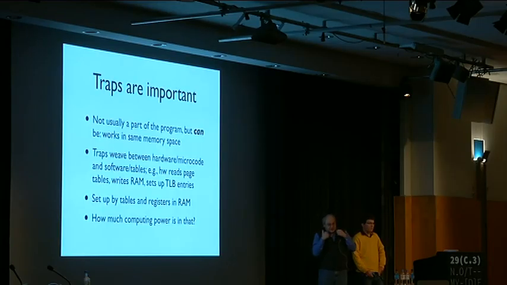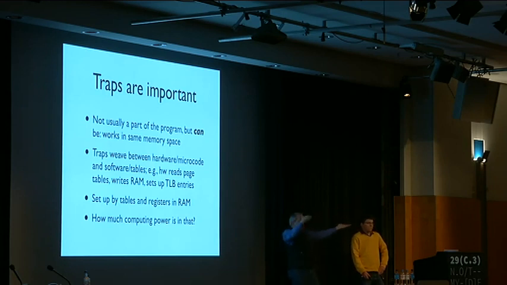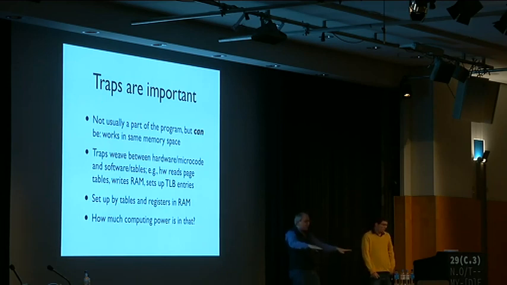Traps are interesting in the way that there is this hardware layer, and then there's a software layer, and the data that you can write with software, and then the bits of logic that you can't possibly change. And if you look at how the logic goes, it kind of weaves between those layers. Okay, this piece of silicon, or more likely microcode, most definitely microcode these days, it looks into this table.